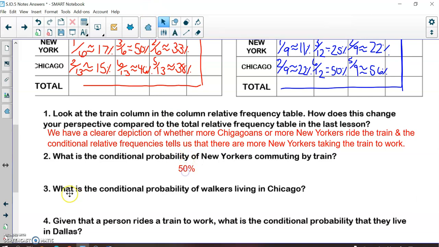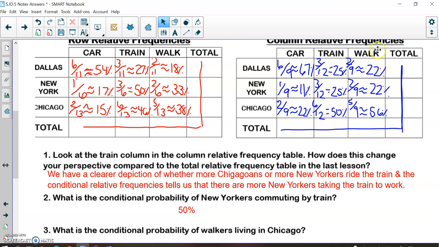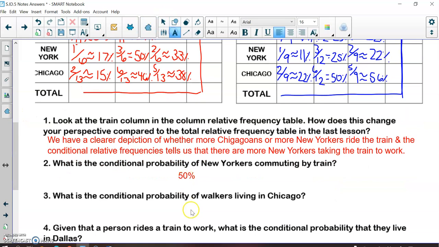Now, what is the conditional probability of all the walkers living in Chicago? So that's the column frequency, because we want, out of all the walkers, how many of them were Chicagoans? Well, that was 5 out of 9 people, so that was 56% of people that were walkers lived in Chicago.